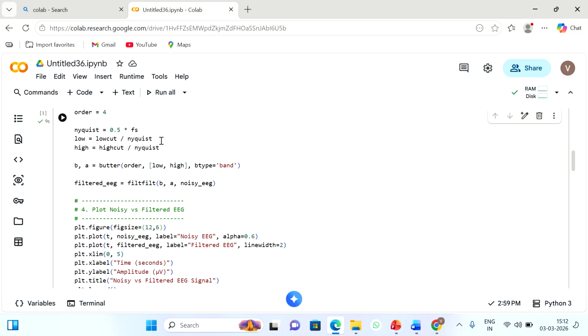Once again, why is this pass band 0.5 to 40 Hertz? The reason is the EEG frequency range lies between 0.5 and 40. Normally when compared to ECG or any other biomedical signal, EEG signal magnitude will be very small, because when you take ECG, you place electrodes on the surface near the heart muscle along with the movement of the blood.